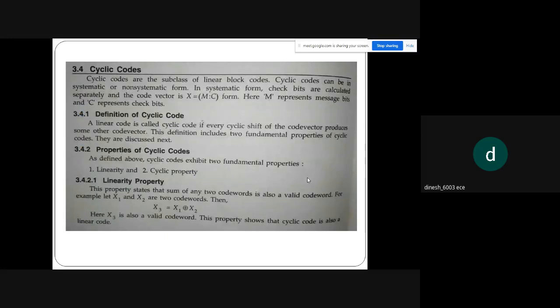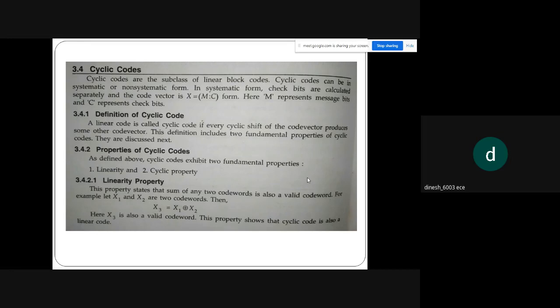Always the cyclic codes are in the form of systematic or non-systematic. So systematic, you all are familiar, is that following the message we will have the check bits. And in non-systematic, it could be in any format. Either C can come in between M, or C can be in prefix of M, whatever might be.